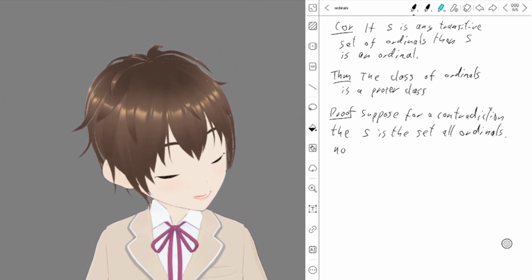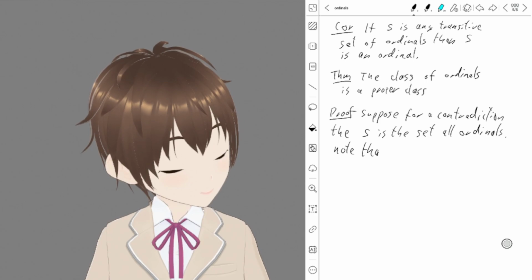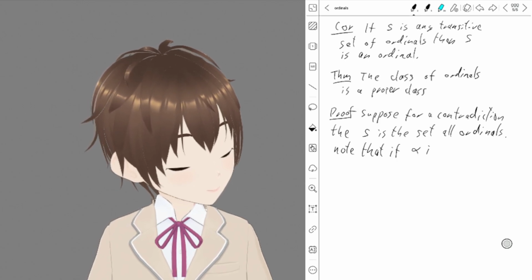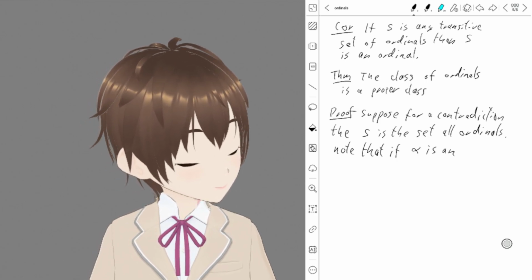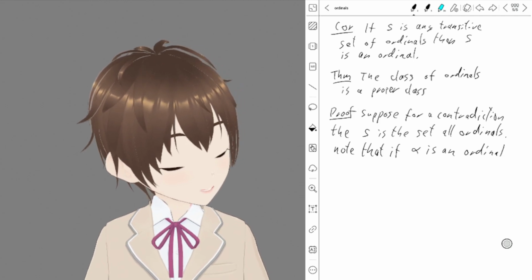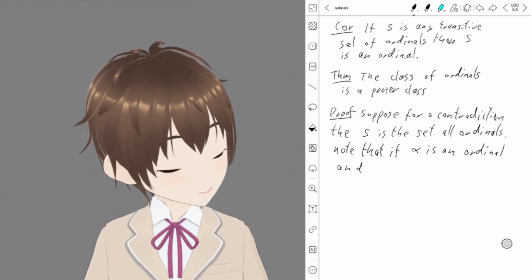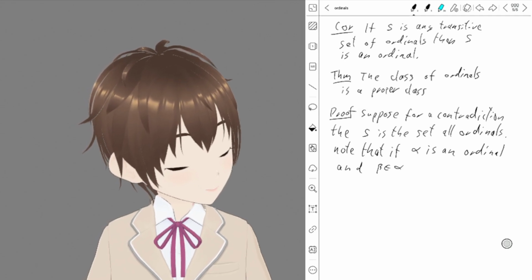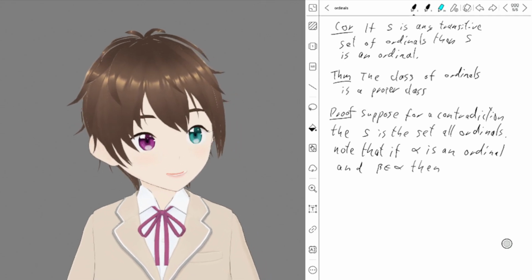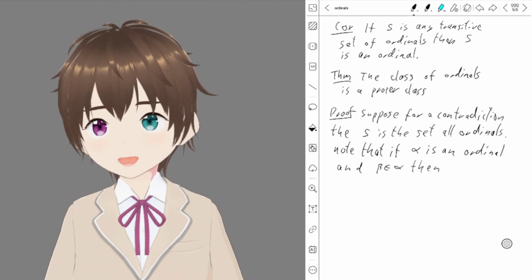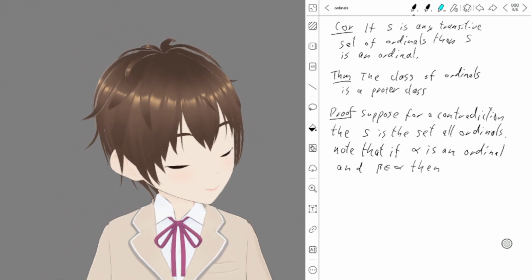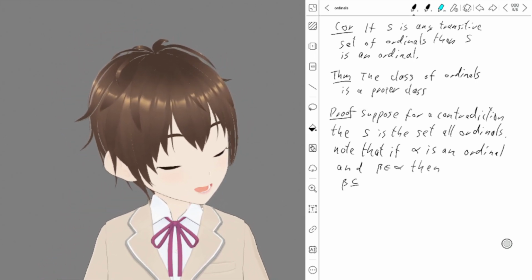Note that if alpha is an ordinal and beta is an element of alpha, then beta is a subset of alpha. That's essentially the transitive condition from before. Then beta is a subset of alpha because alpha is transitive.